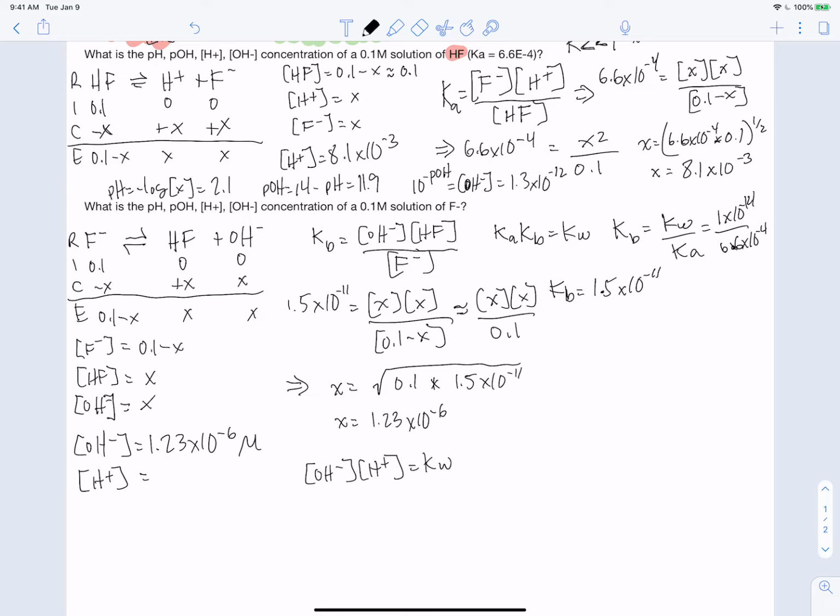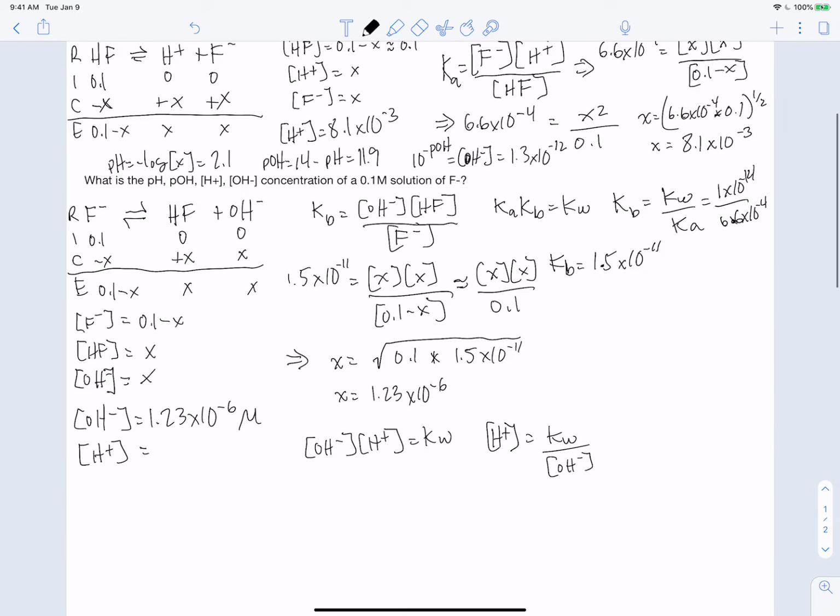So OH minus times H plus equals Kw. And so our hydronium concentration is just equal to Kw divided by OH minus. And so that's just equal to 1 times 10 to the minus 14th divided by 1.23 times 10 to the minus 6th.